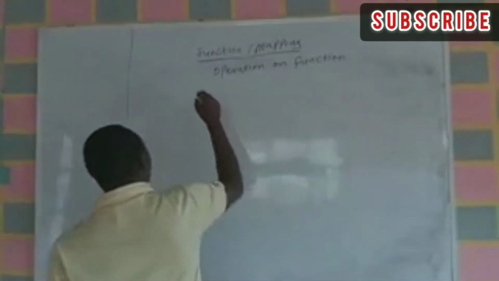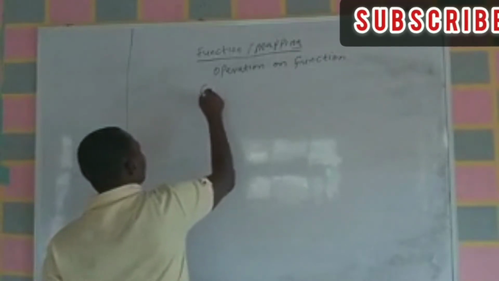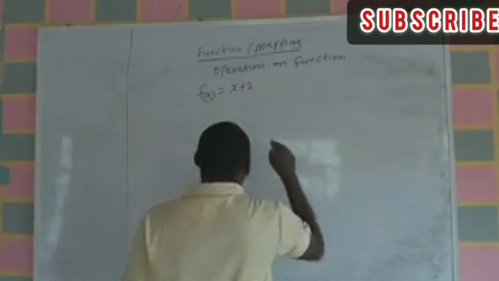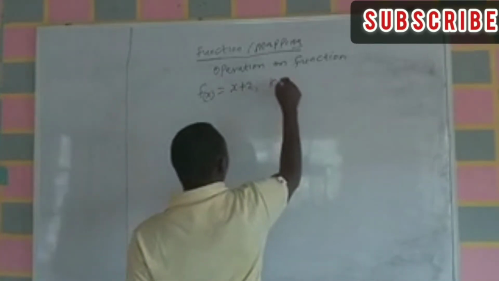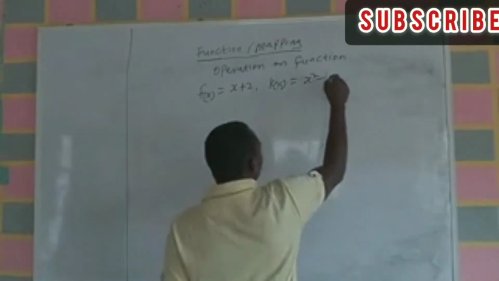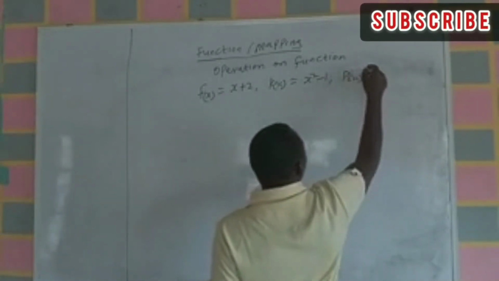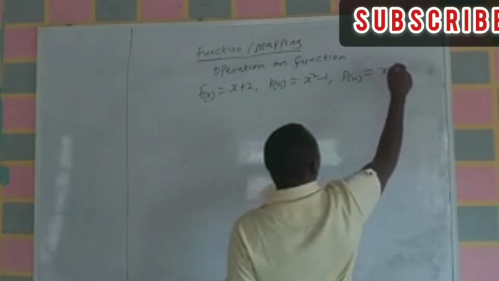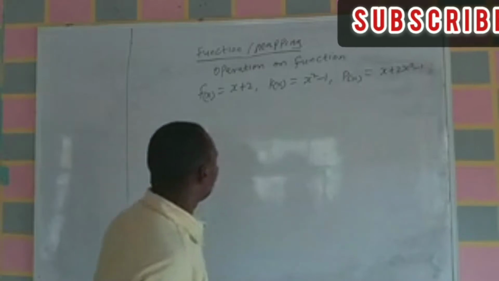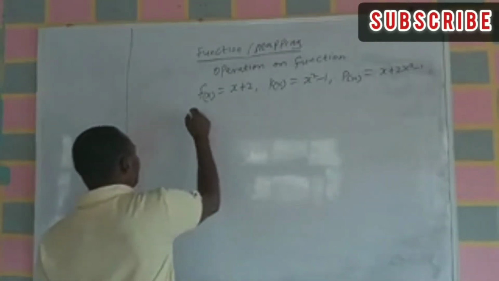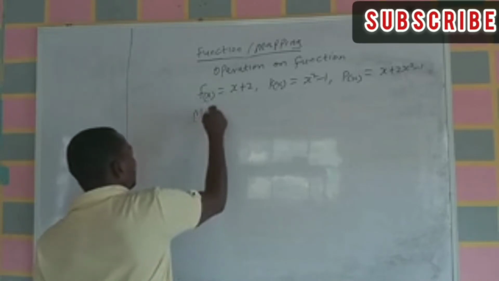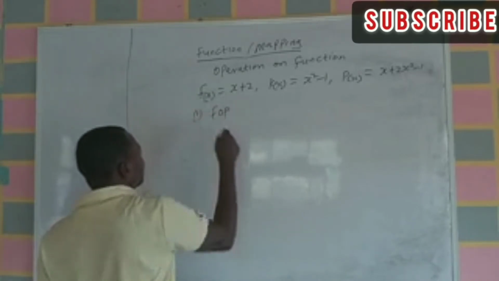For example, we have the function f of s equals s plus 2. We have k of s equals s squared minus 1. We have p of s equals s plus 2s squared minus 1. Let's solve some questions now. Number 1 we have f o p.